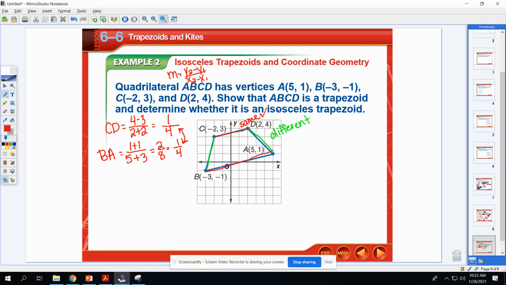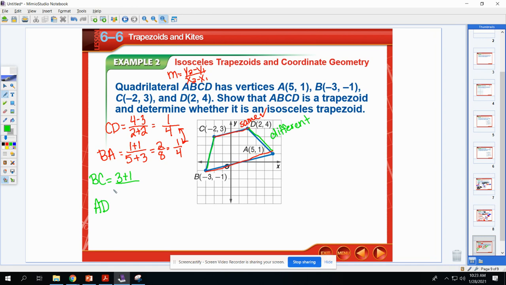Now we've got to check out our legs. If our legs are different, then we can confirm that this is a trapezoid. So we need to figure out the slope of BC as well as the slope of AD. Starting off with BC, if I make B my x1, y1, this is going to be 3 minus a negative 1, so 3 plus 1.